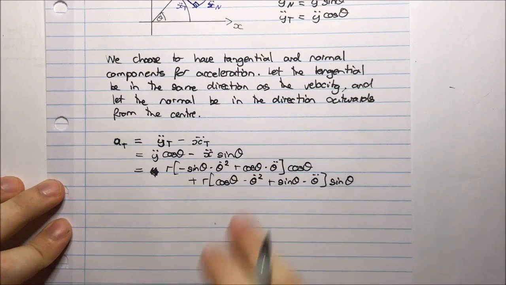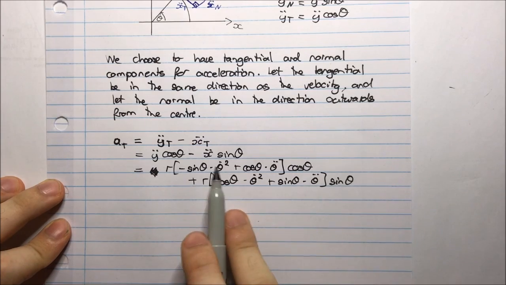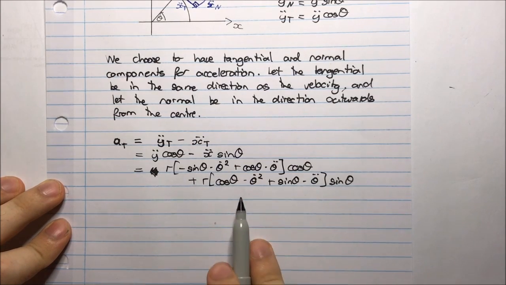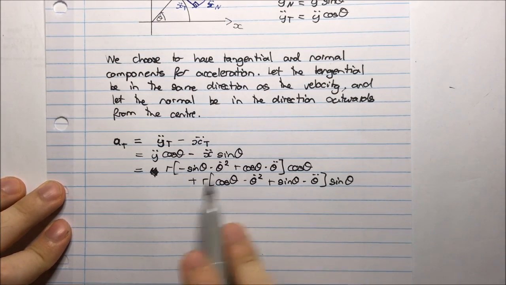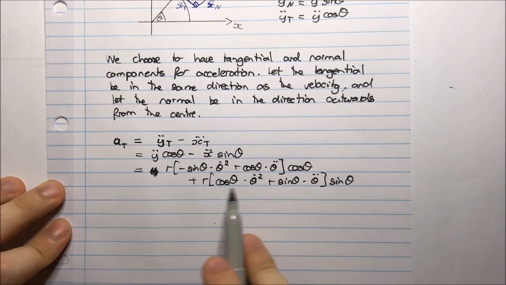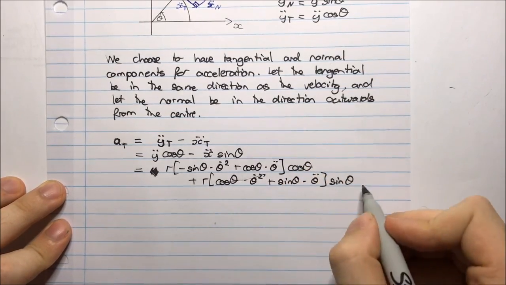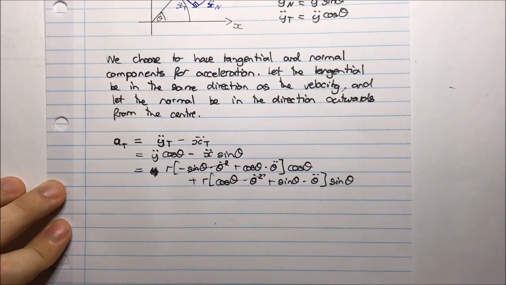And if we were to expand this out, we'd have here a negative of r sine cos theta dot squared, and here we'd have a positive of r sine cos theta dot squared. So they're the same, but just with a different sign, and so this term, when we expand it out, will cancel with this term here.